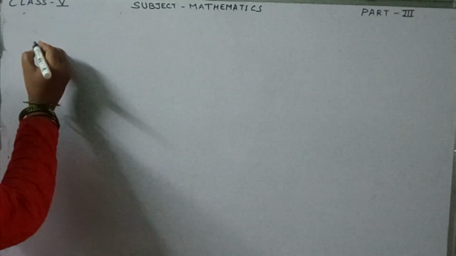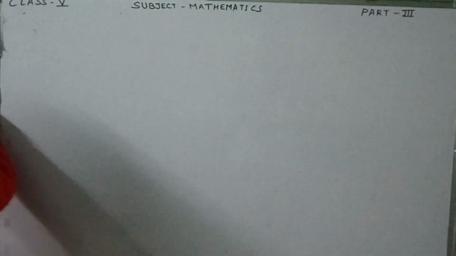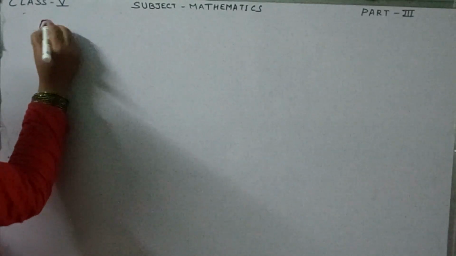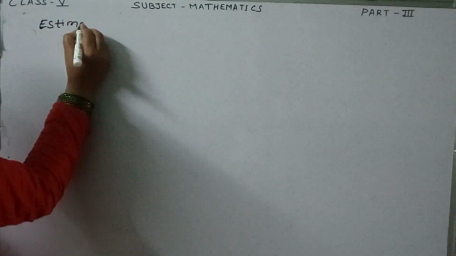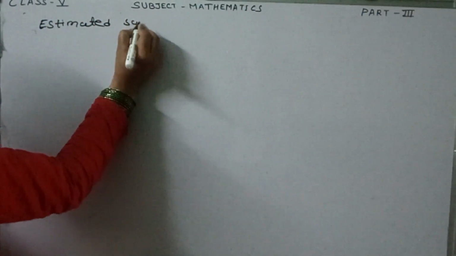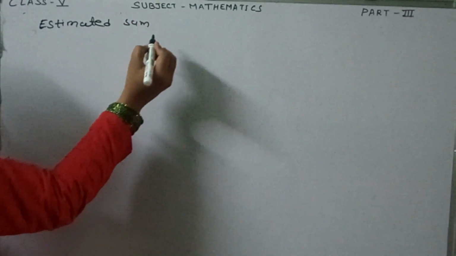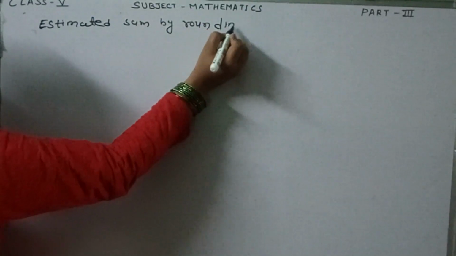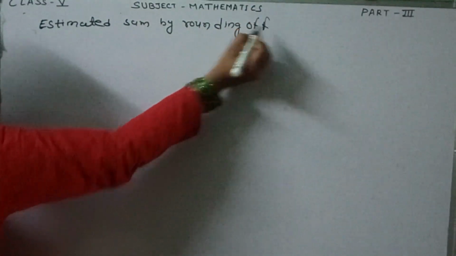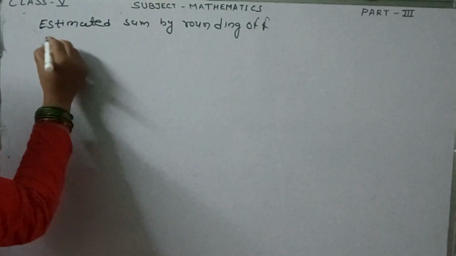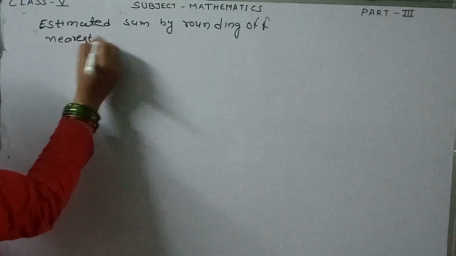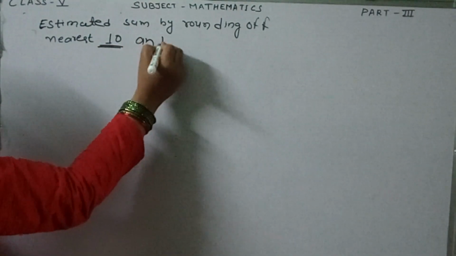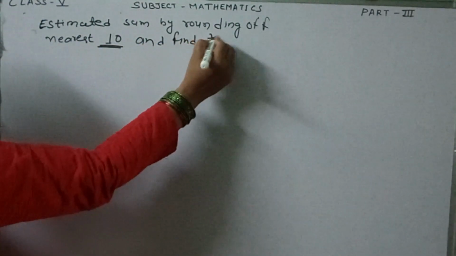The first question is here: estimate the sum by rounding off to the nearest 10, and also find the actual sum.